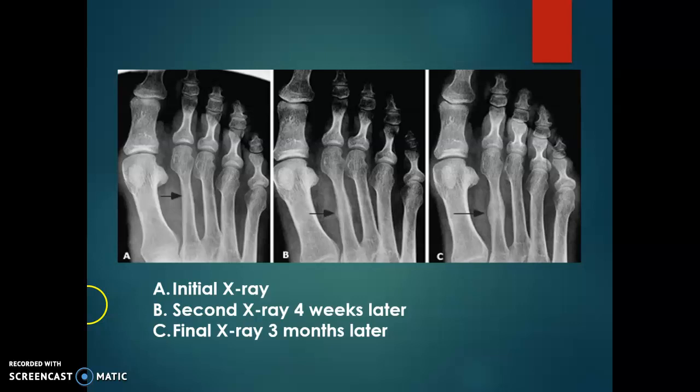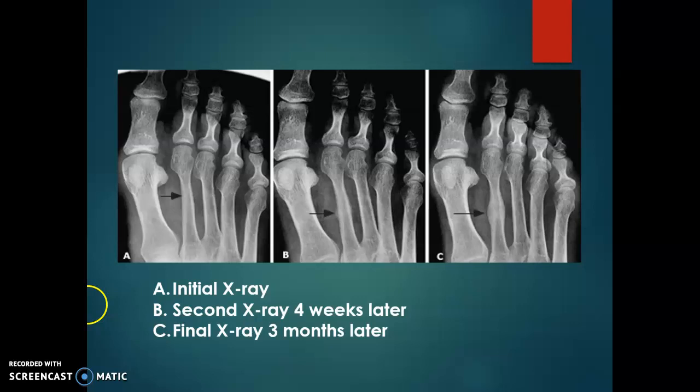Okay, so this is what I mean by not showing up on the initial x-ray. So we have 3 images of the same person's foot that presented with signs and symptoms of a march fracture, so a fracture of the 2nd metatarsal. The initial x-ray, all the way on the left in slide A, showed a very normal looking 2nd metatarsal.